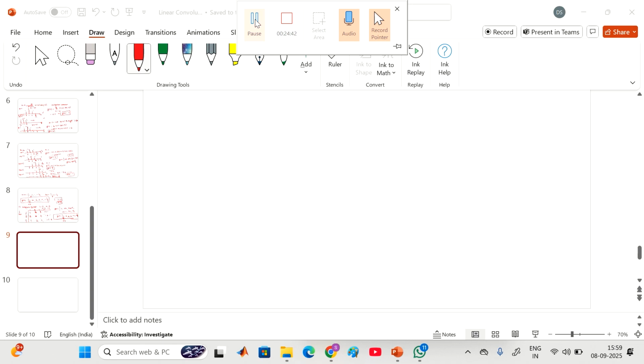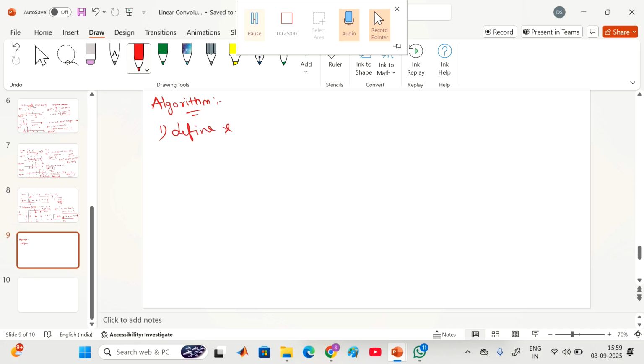So, MATLAB program to write the linear convolution. First write down the algorithm. First step is define x and define h.